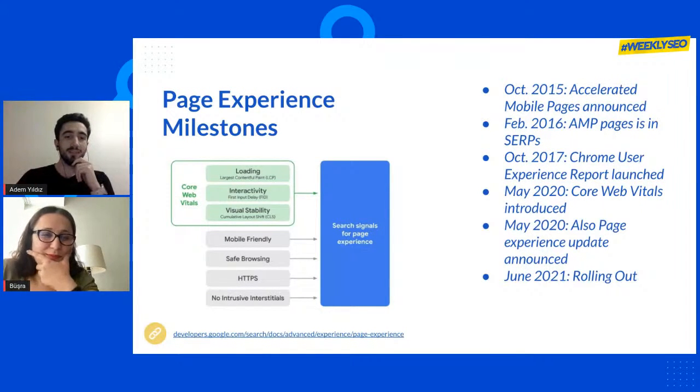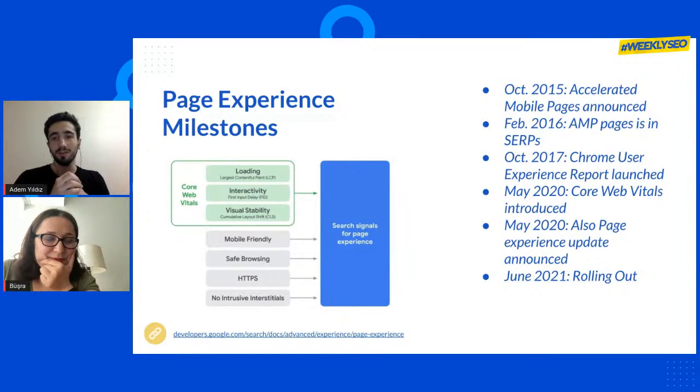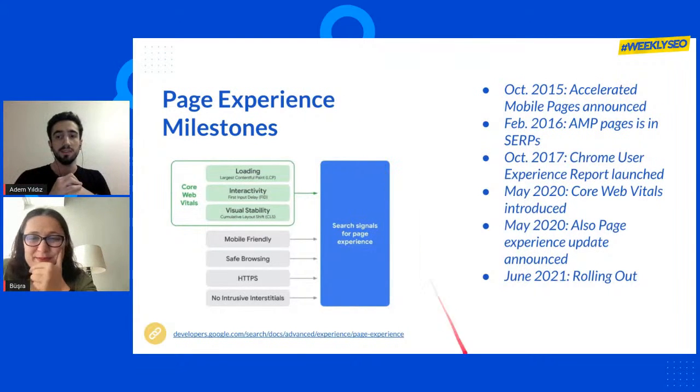Afterwards, it said not only speed is important, but there is another set of Web Vitals here. That's Core Web Vitals. Then after this algorithm update, Core Web Vitals were introduced to all SEOs and all the developers.